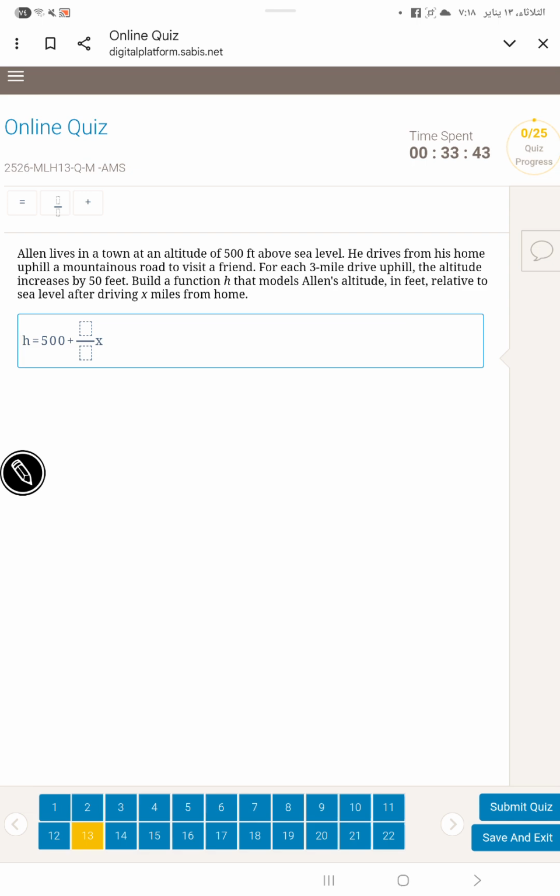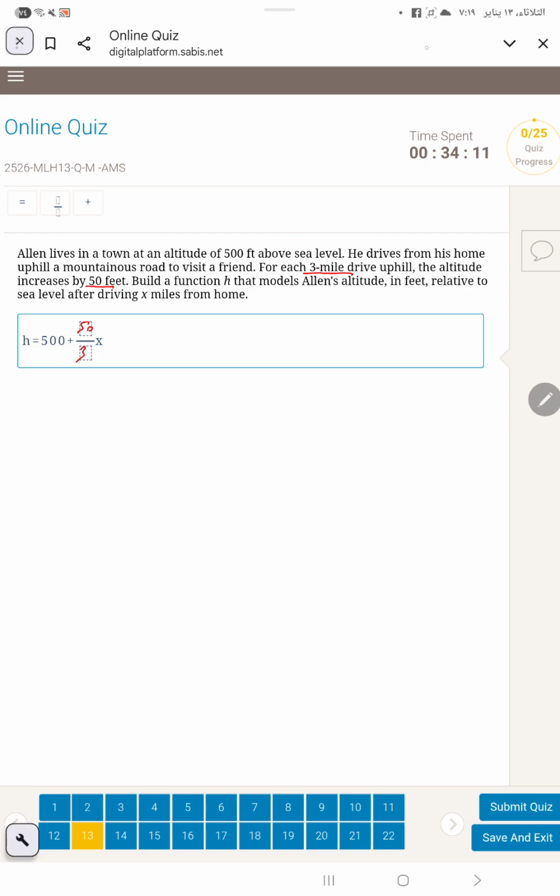Build a function h that models Alan's altitude in feet relative to sea level after driving x miles from home. So here, this is 3 mile and this is 50 feet increase. So we just need to do 50 over 3.